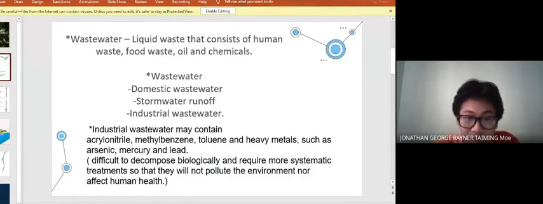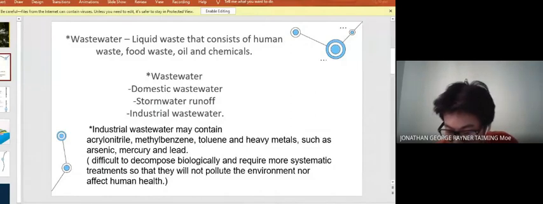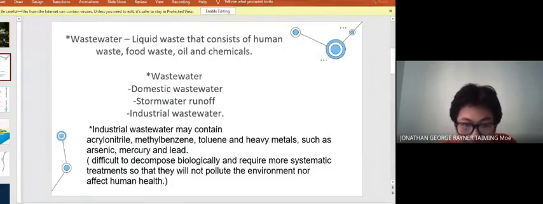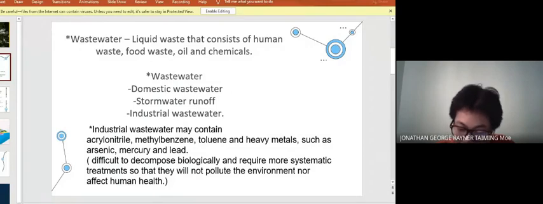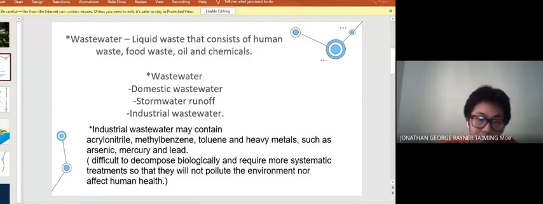Firstly, domestic wastewater is wastewater produced from households, such as from the kitchen, shower, wash basin, toilet, and laundry. Stormwater runoff is water from rain and snowmelt that flows over land or impervious surfaces, such as paved streets, parking lots, and building rooftops, which does not soak into the ground.